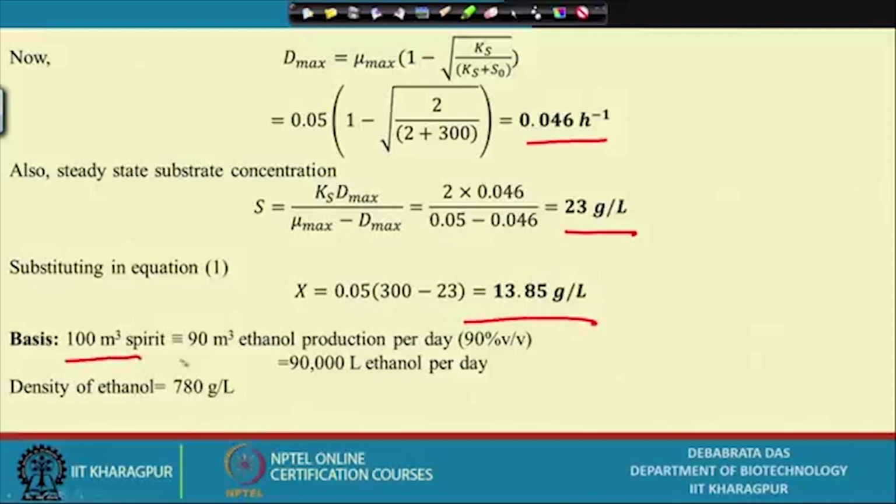Now, 100 cubic meter of spirit we shall have to produce, which contains 90% ethanol. So, this will be 90 cubic meter of ethanol. 90 cubic meter ethanol is 90,000 liters per day. The ethanol density is 780 grams per liter.